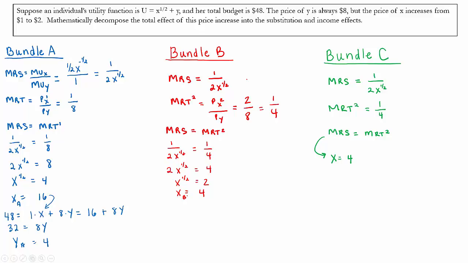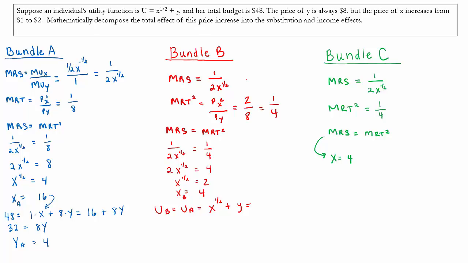Now, we cannot plug this into the budget constraint because Bundle B is on the compensated budget line, and we don't know the income for that budget line. What we do know is that the utility from Bundle B equals the utility from Bundle A. Utility in this problem is x to the 1/2 plus y.